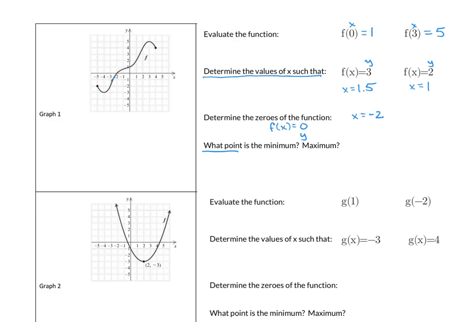So our minimum, we are looking for our lowest point on the graph. Lowest point on the graph occurs here. We want both coordinates. So how far to the left did we go? We went 4 to the left and we went 3 down. So our minimum point is -4, -3.